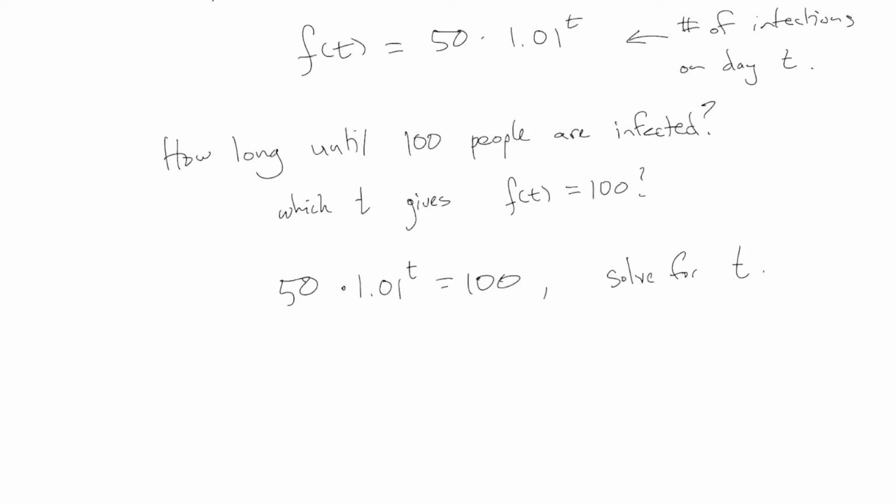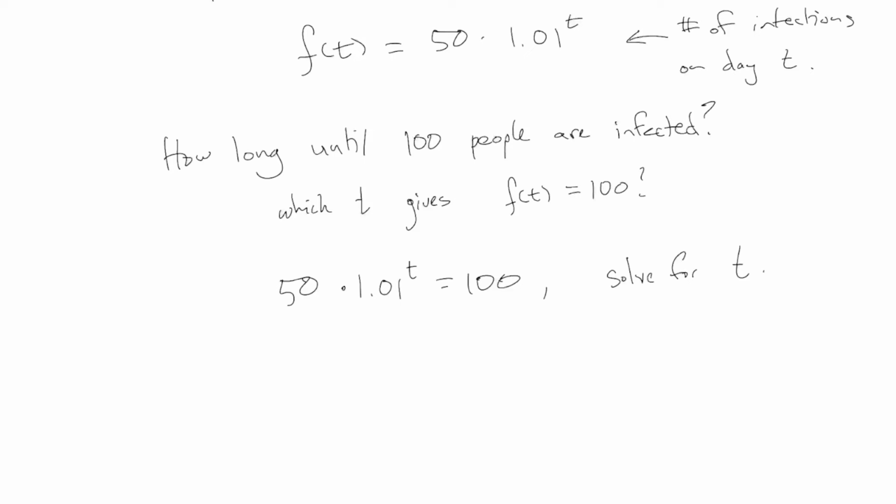Which is the t which makes that thing equal 100? And how do we do that? You do that using the log. It has to involve a logarithm because I see the variable is inside the exponent. And the only way to get the variable out of the exponent so that you can solve for it is by doing the natural log on both sides, and then you move the exponent down.